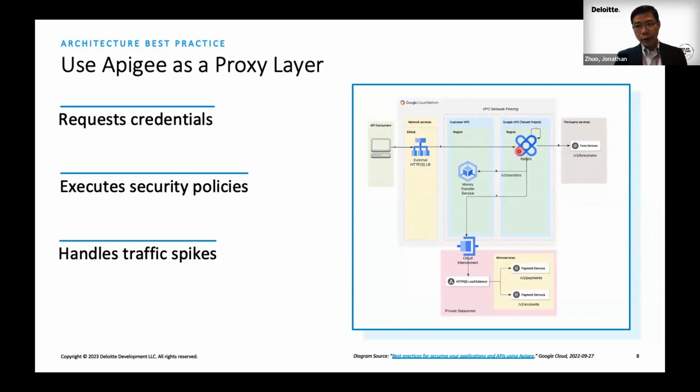The communication between Apigee and the money transfer service, which is here, can happen over an RFC 1918 address, which is an internal IP address, because they are within the peered network. And Apigee sends the request to the private data center backend through Cloud Interconnect.